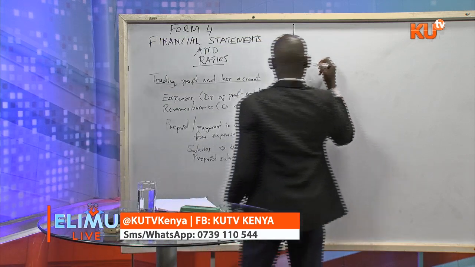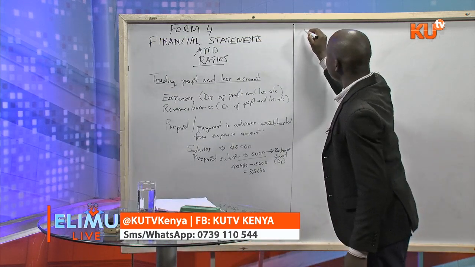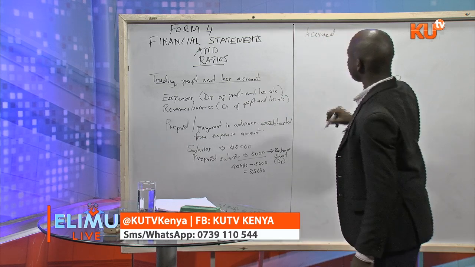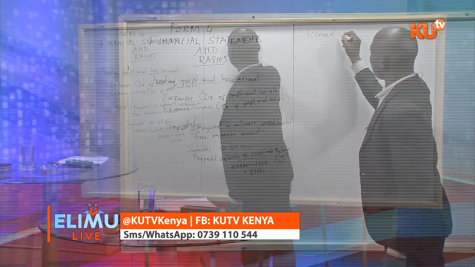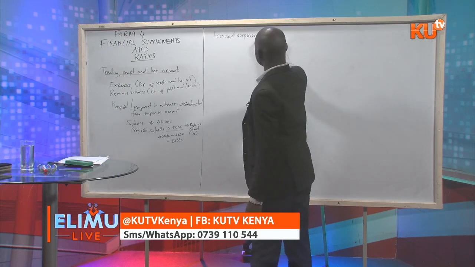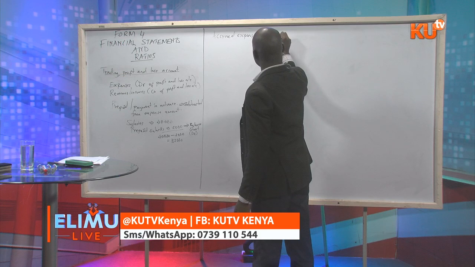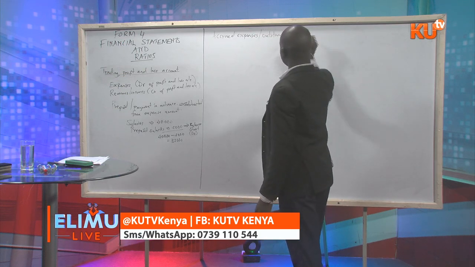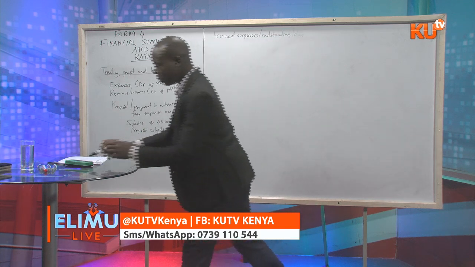Number two, we have what we call payment that is made after you have offered the service. We call them accrued expenses. Another name for accrued is outstanding expenses, or it could be payment due.